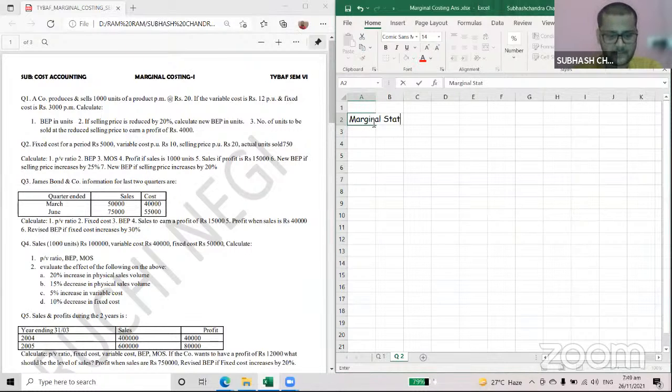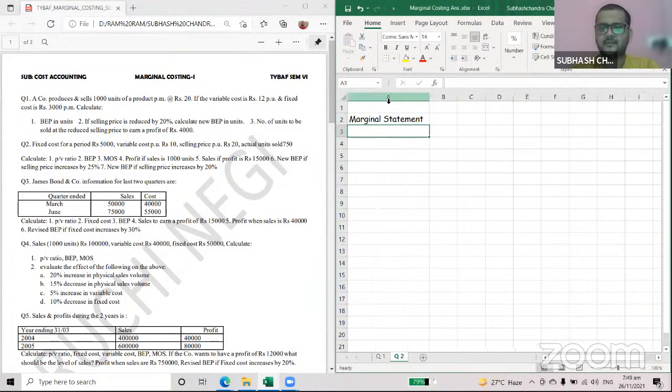You can calculate directly on a calculator, no issue in that, but for better understanding we are supposed to prepare it.